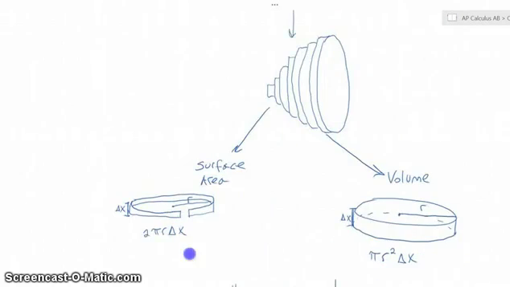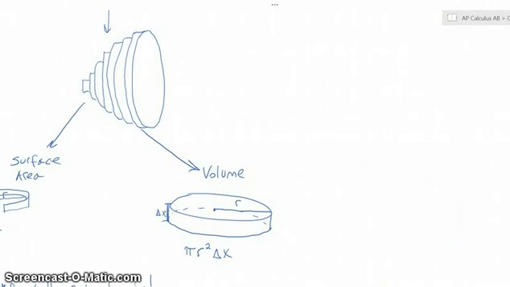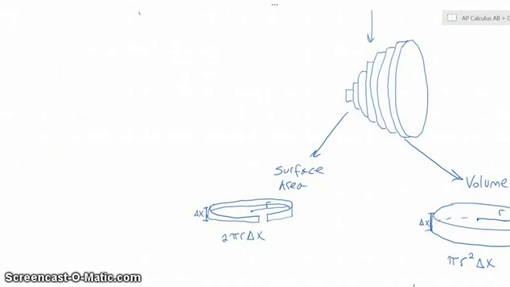We could find the volume of this shape by thinking of each of the disks as a cylinder, and so the volume of each cylinder would be pi r squared times the height, which would be delta x. And over here for the surface area, the expression for surface area would be the perimeter of the circle, 2 pi r, times the height, which is delta x.